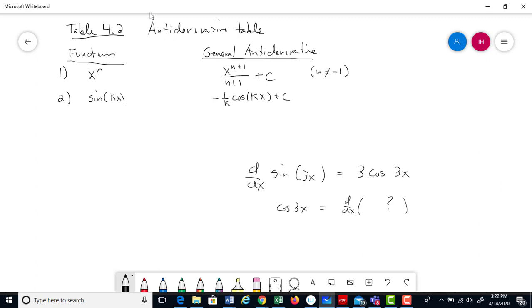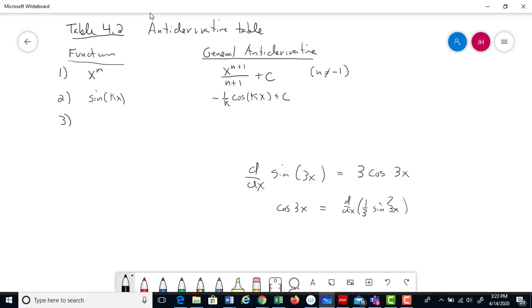What I know is the derivative of the sine is going to be equal to the cosine. So this is going to be the sine of 3x. Now when you take the derivative of the sine of 3x, you're going to get the cosine of 3x, but then it gets multiplied by 3. So you get a 3 here, but I'm not asking for a 3, I'm asking for a 1. That's why I have to put this right here.